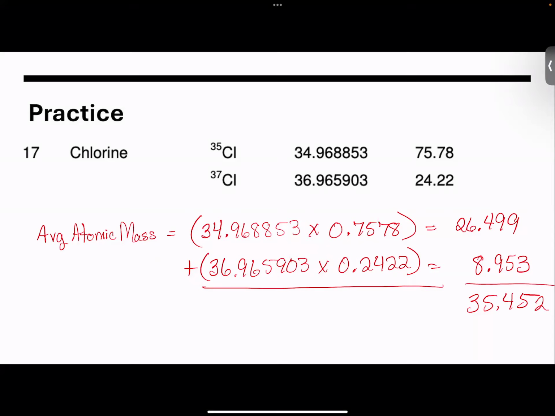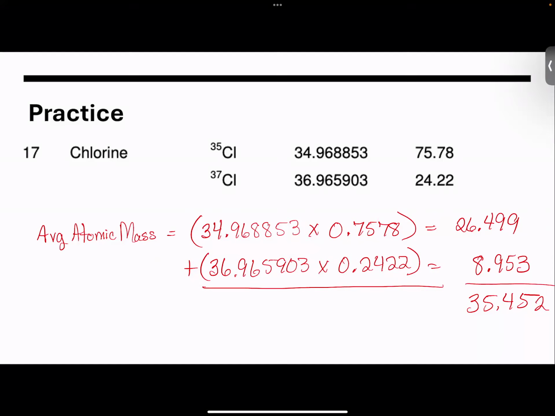Now, I will say, when you're doing this, I'm not paying attention to sig figs on these problems. The reason I'm not paying attention to significant digits on these problems is, well, the periodic table I gave you has a mass of 35.45 for chlorine. The periodic table up here has a mass of 35.4527 for chlorine.